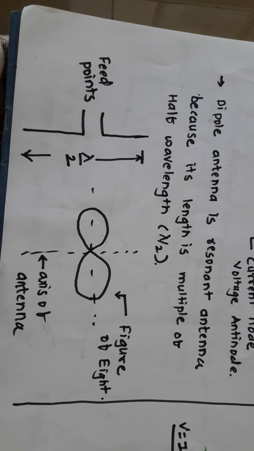We have also tried to relate these current node and voltage antinode terminologies with the resistance of the antenna, and we have learned that this antenna is a resonant antenna because its length is a multiple of half of the wavelength, and the radiation pattern of this antenna is a figure of 8. So this is all about the half wave dipole.